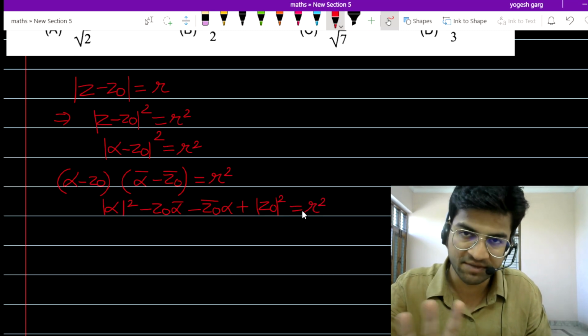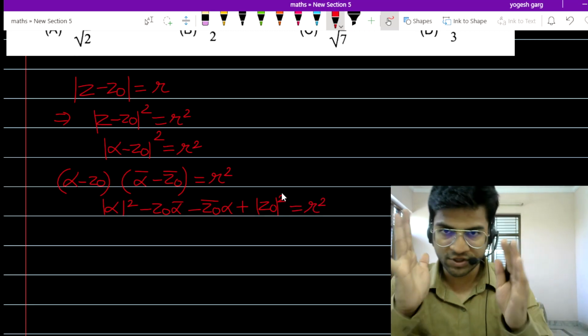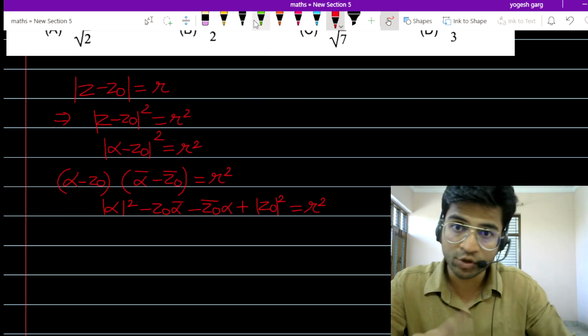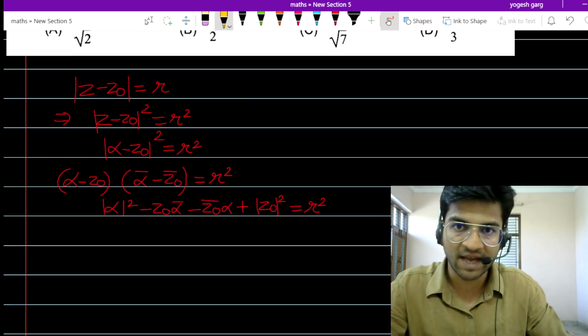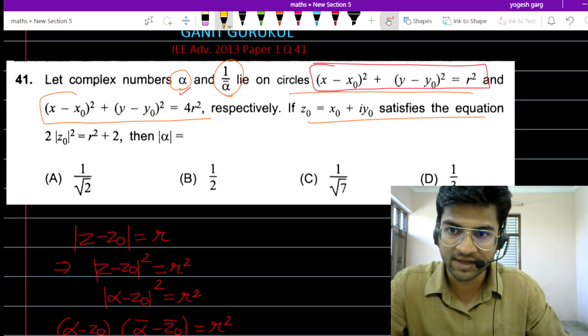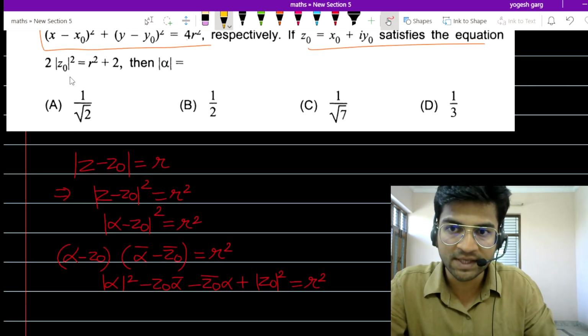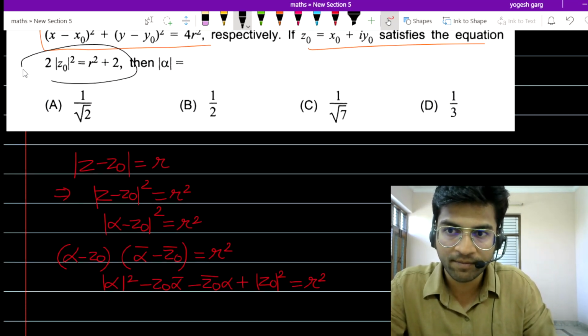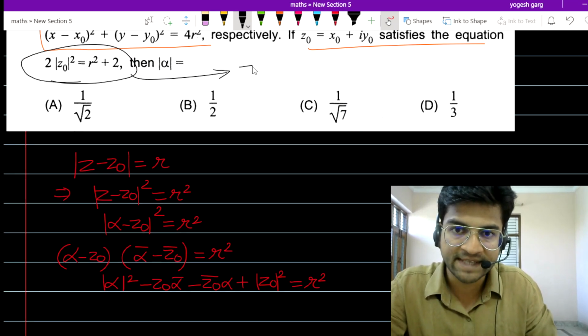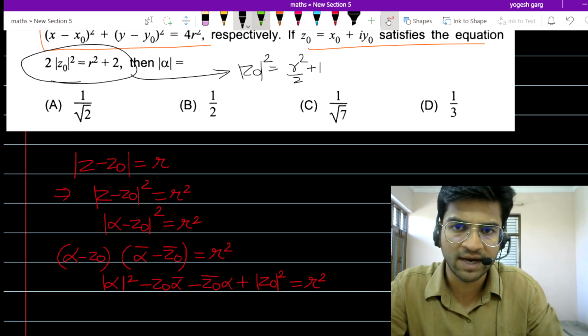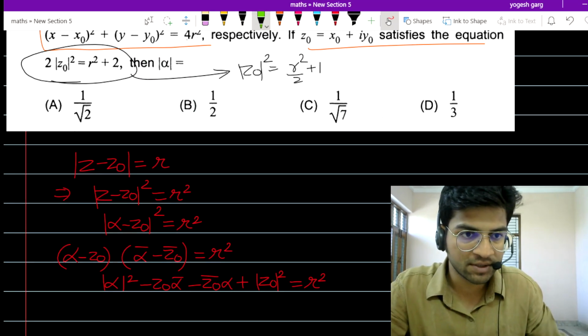So we have this expression, right? Also what we can do is simplify this and convert this in terms of r square by using this idea, 2 mod z naught square is equal to r square plus 2. So from this we can say mod z naught square is equal to r square by 2 plus 1. Apply this over here.